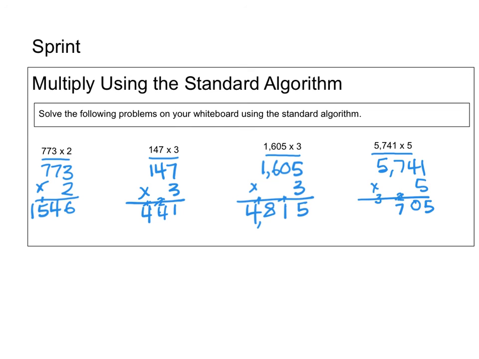We'll put that over into the thousands. 5 times 5 is 2,500. 2,500 plus 3,000, well, that makes it 28,705. So that should be your answer. I'm just double checking my work on that. So our answer there, 5,741 times 5 is 28,705.